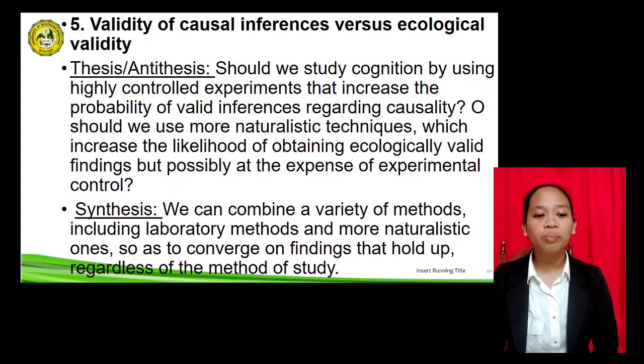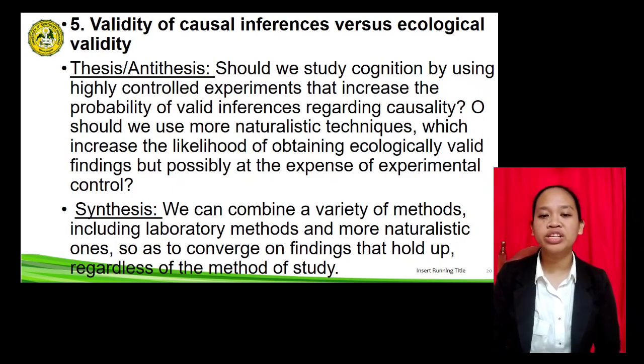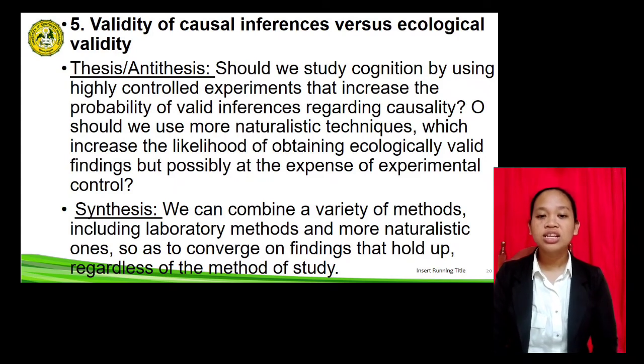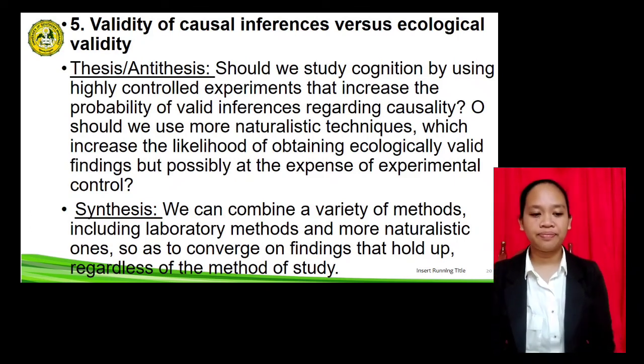Or should we use more naturalistic techniques, which increase the likelihood of obtaining ecological valid findings but possibly at the expense of experimental control? So, synthesis. We can combine a variety of methods, including laboratory methods and more naturalistic ones, so as to converge on findings that hold up regardless of the method of study.